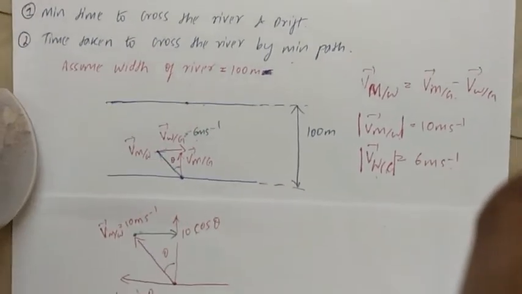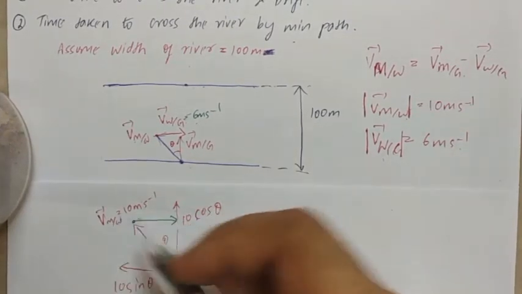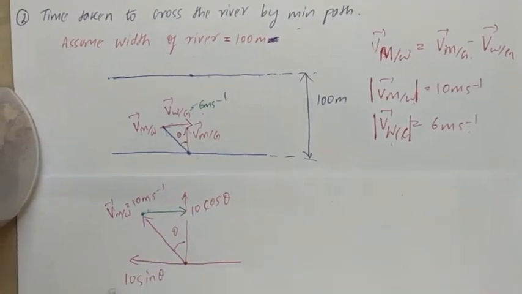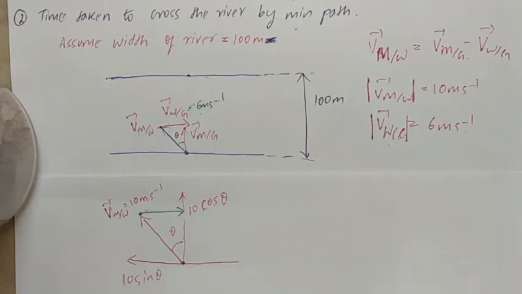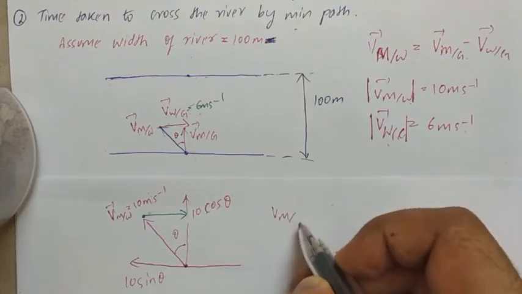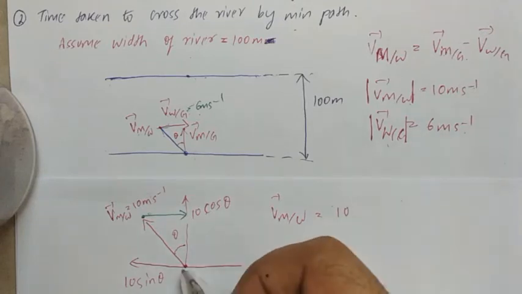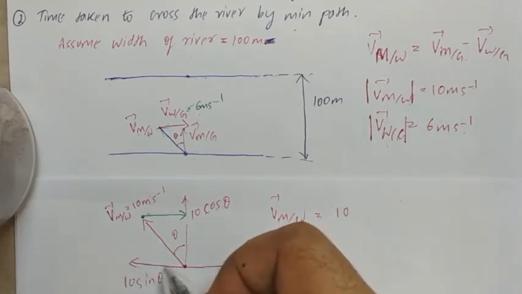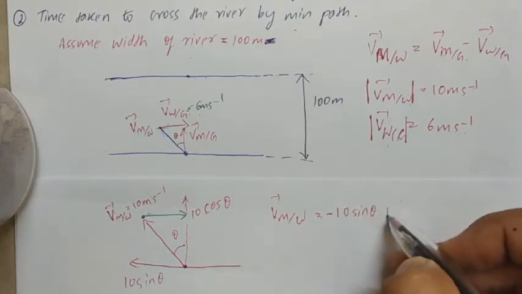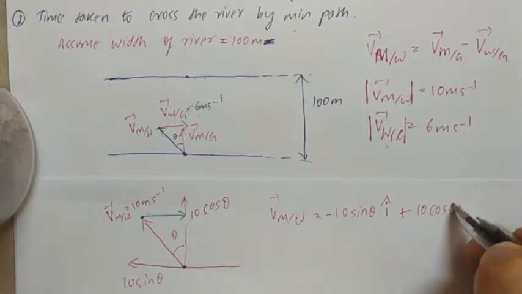So in order to do that, if this is the direction of this velocity, then it can be resolved into two components, that is 10 sin theta and 10 cos theta. And you can write the velocity of man with respect to water as negative 10 sin theta i cap, because this is the negative x direction, plus 10 cos theta j cap, because this is the positive y direction.